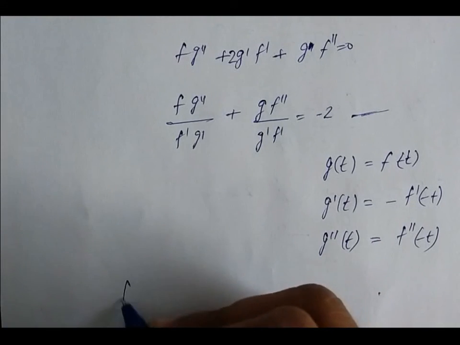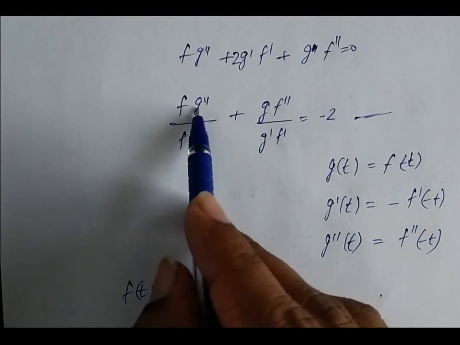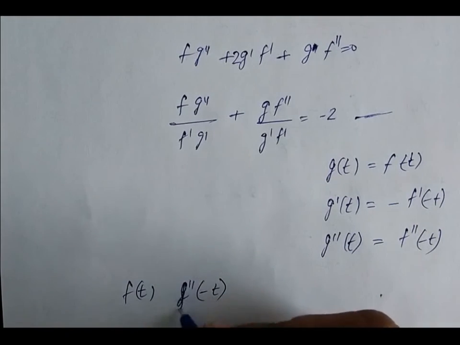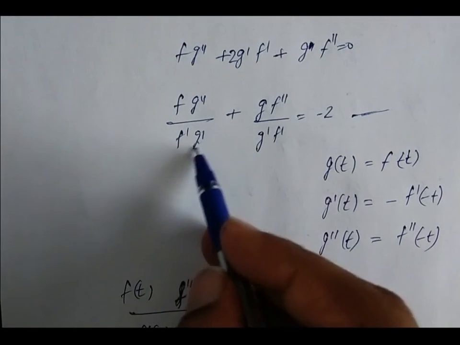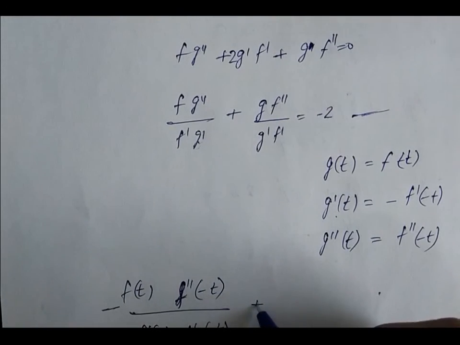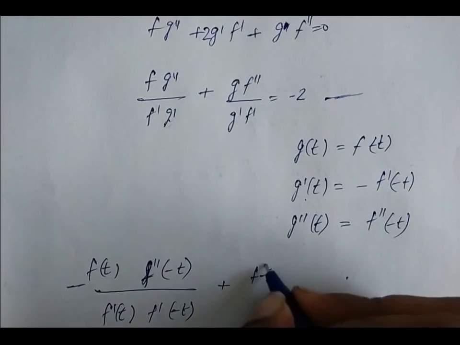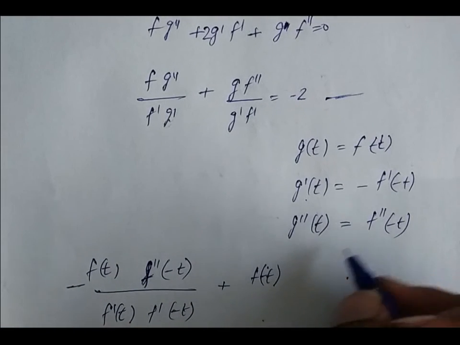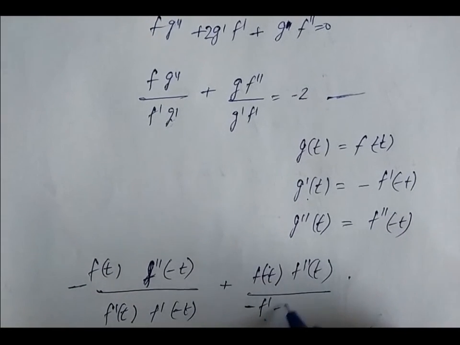You can see that f of t g double dash minus t, substitute g double dash t as f double dash minus t upon f dash t, and substitute g dash t to be minus f dash minus t, plus g would be f of t, g would be f of minus t, and f double dash would be f double dash as it is, g dash would be minus f dash minus t, and f dash would be same as it is f dash t.